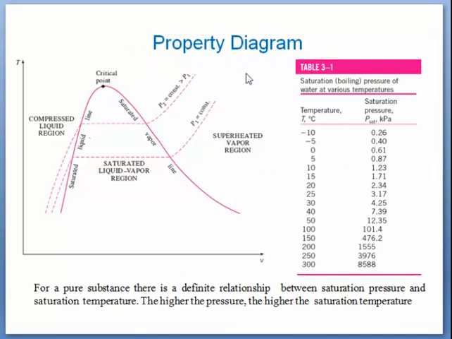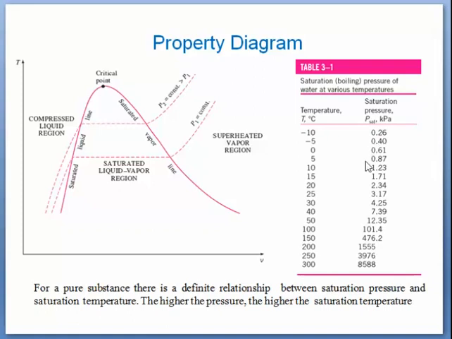Now some properties that we can see from this table. The temperature corresponding to saturation pressure. So at 0.26 kilopascals, the saturation temperature is -10 degrees centigrade.